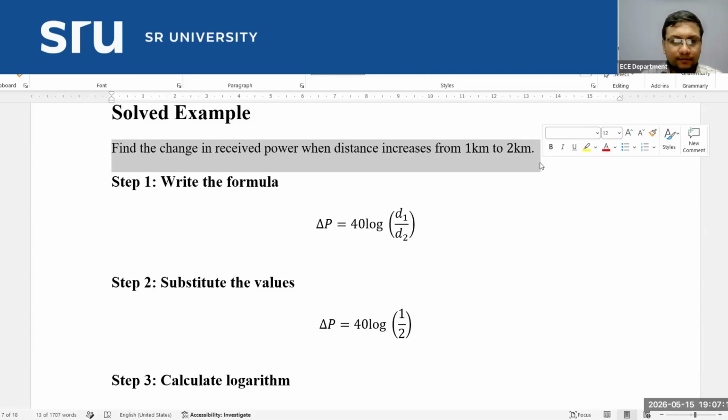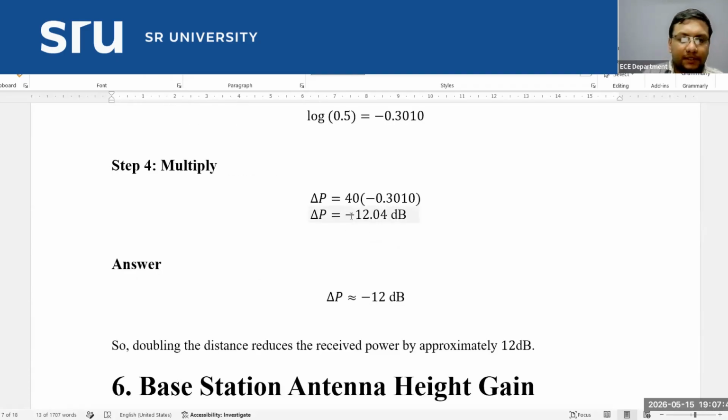Then what will be the change in power? So delta P is equal to 40 log D1 by D2. If I substitute the value, D1 was first 1 kilometer, so I write 1, and D2 was 2. If I calculate this, delta P comes out as minus 12.04 dB.